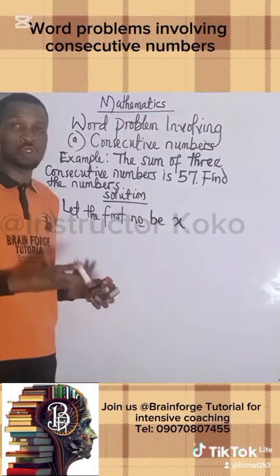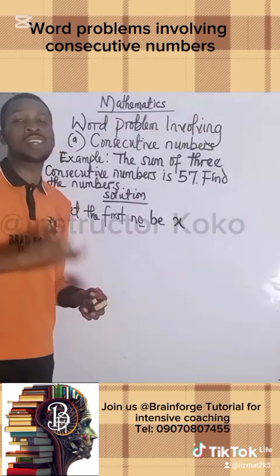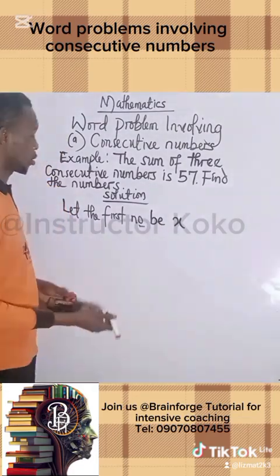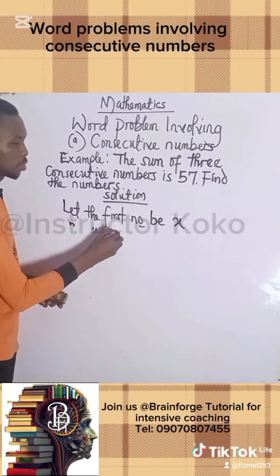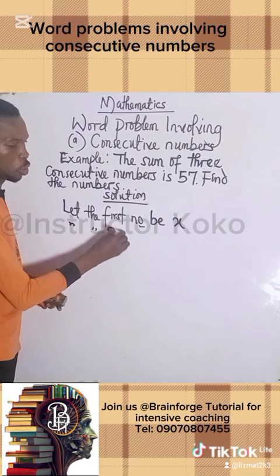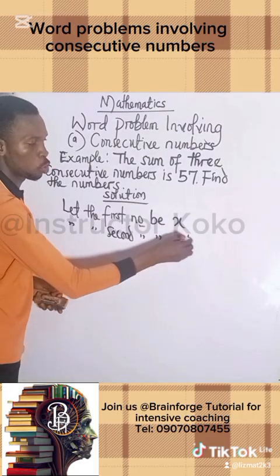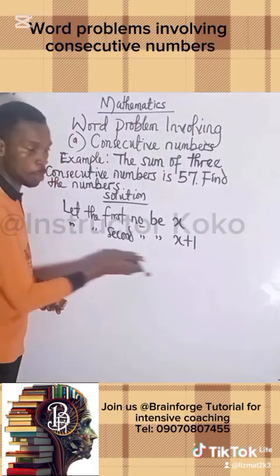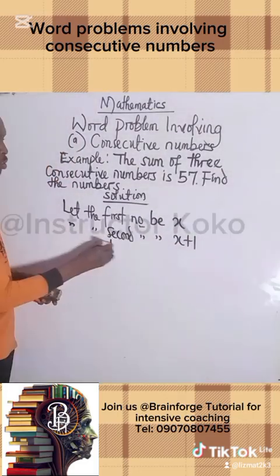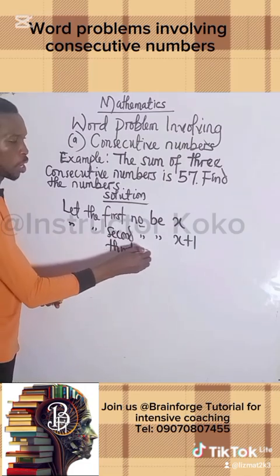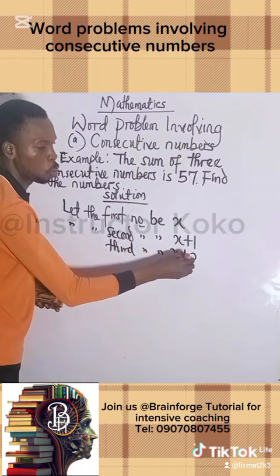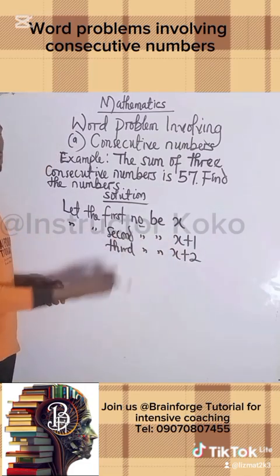Of course, you can also start with x plus 1. You can start with x plus 5. You still get the same answer. So then I will let the second number be x plus 1, from the way I established each of the terms. Then the third number will be x plus 2, and so on and so forth.